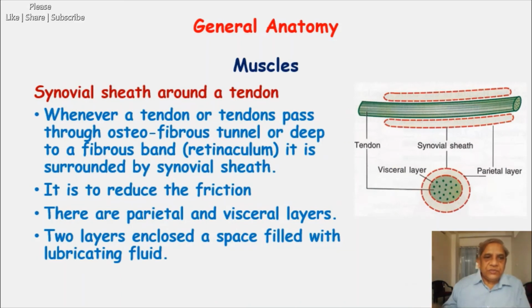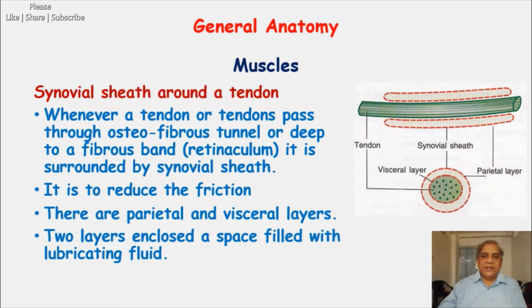Now we come to another aspect of the skeletal muscle, and I will tell you about a spatial arrangement to minimize the friction when a tendon is moving against the bone or any surface which is providing the friction. Now we come to the synovial sheath around a tendon.